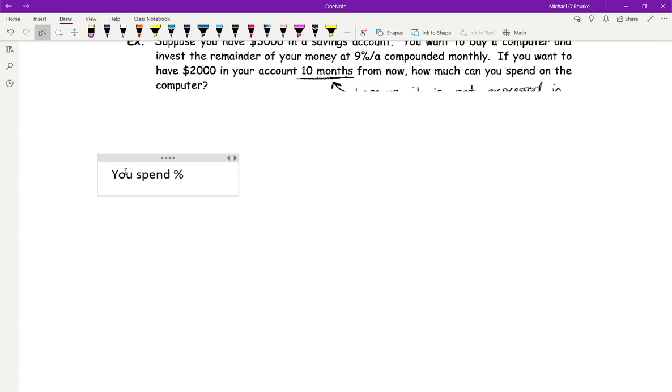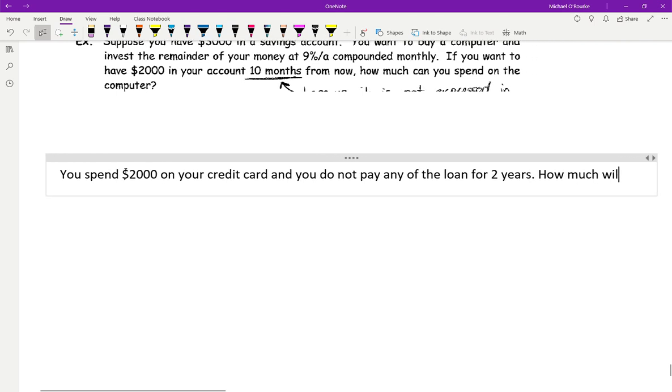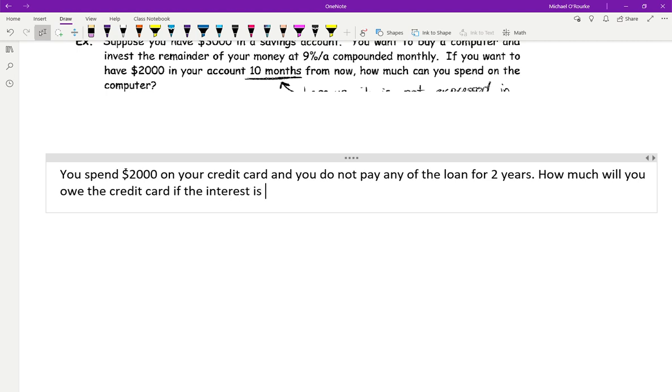You spend $2,000 on your credit card, and you do not pay any of the loan for 2 years.